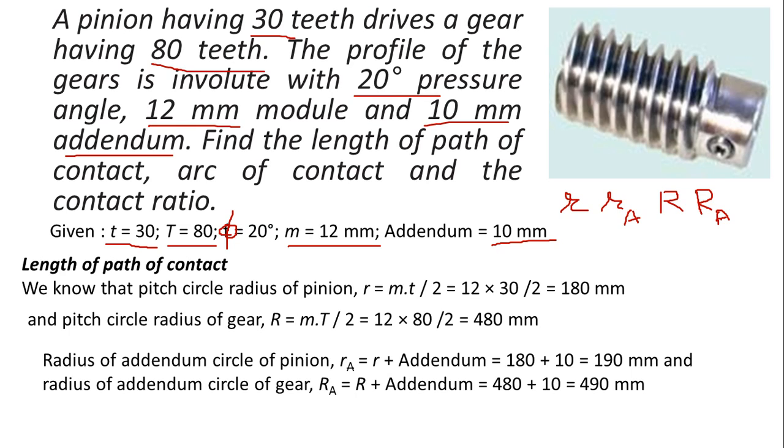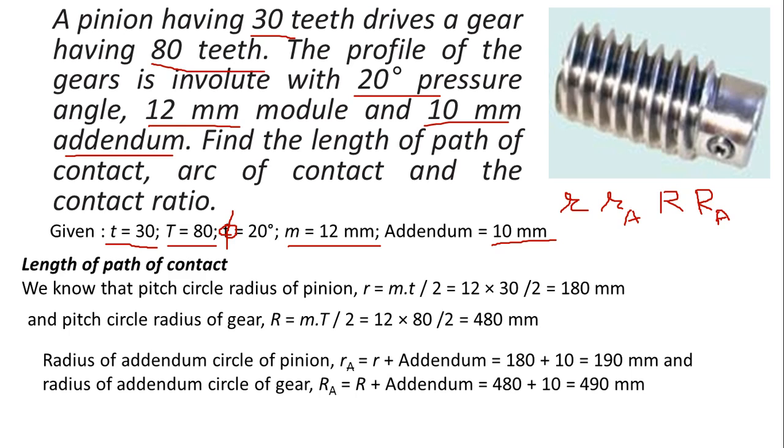What is given is the number of teeth. So you know how to calculate the pitch circle radius of the pinion: r equal to mt by 2. If you know the module and the teeth, automatically you can calculate the pitch circle radius.